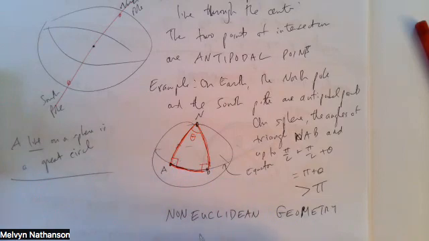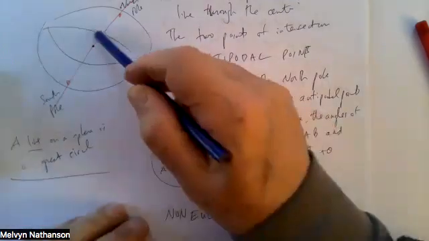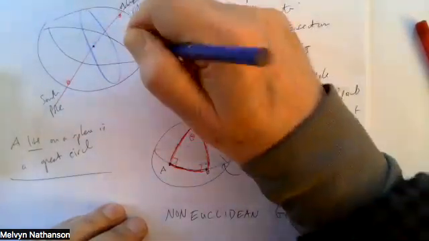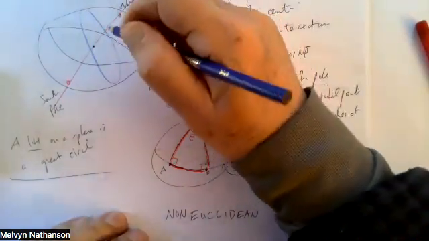Not only that, on a sphere, if you take 2 lines, so what is a line? A great circle. Here is one great circle. Take another great circle, 2 lines.